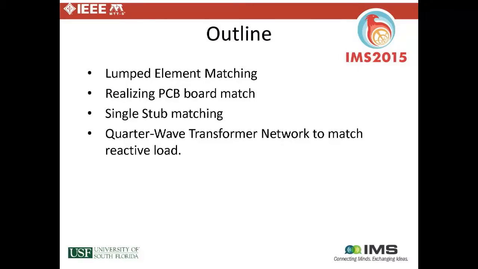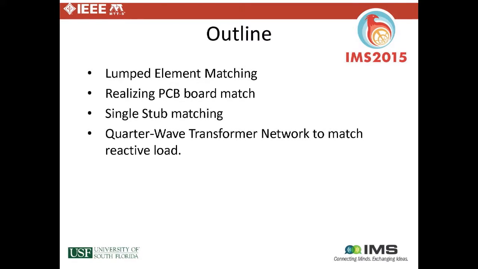So in this talk, we're going to go over matching network design basics, starting with lumped element matching, taking an example on a PCB board, how you bring that into realistic parasitic models and interconnects and so on, and how you go from an ideal, textbook design to something that actually builds and works the first time on a board.